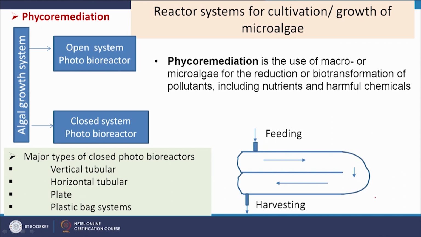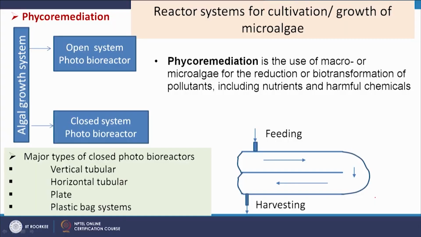So, that is another advantage of this process also, and the growth of this microalgae is very fast. So, the efficiency of the process is also very good if the concentration level is on the lower side. And you see here, phycoremediation is the use of macro or microalgae for the reduction or biotransformation of pollutants including nutrients and harmful chemicals, and there are basically two types of phycoremediation system: open system photobioreactor and closed system photobioreactor.